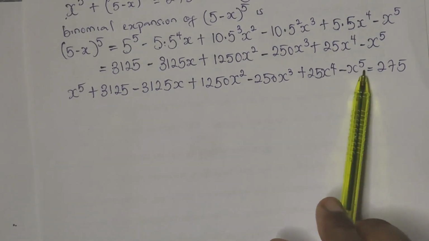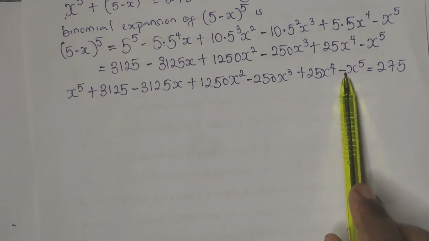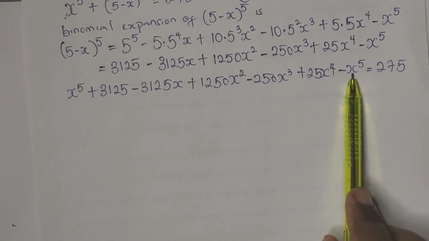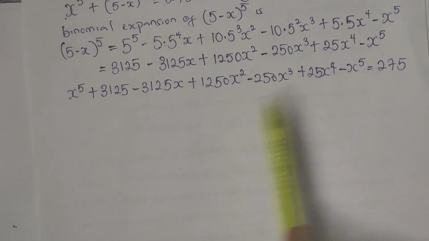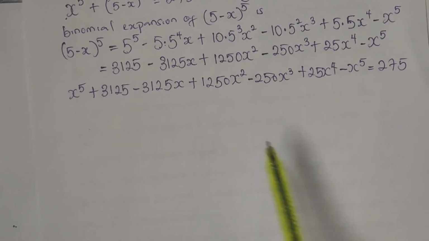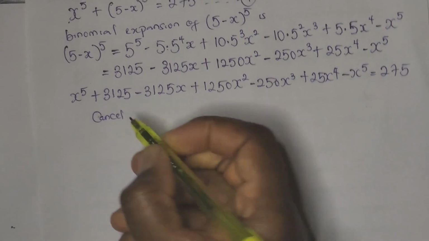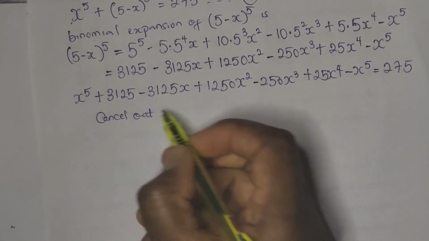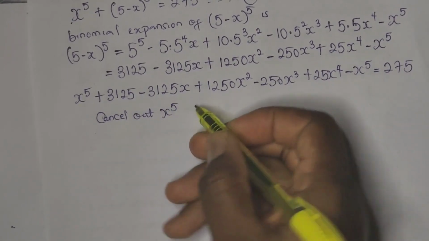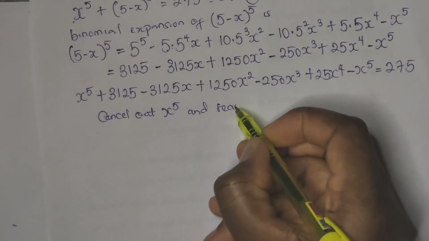Looking at this equation, we have positive x to the power of 5 and we have negative x to the power of 5. So this will cancel out, and then we'll rearrange these figures. So cancel out x to the power of 5 and rearrange the terms.